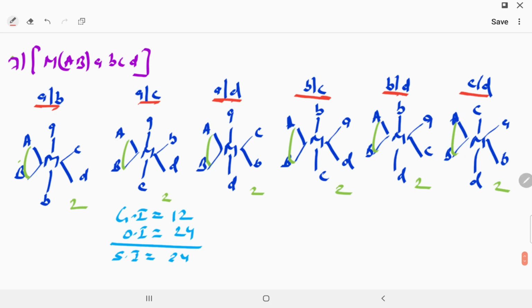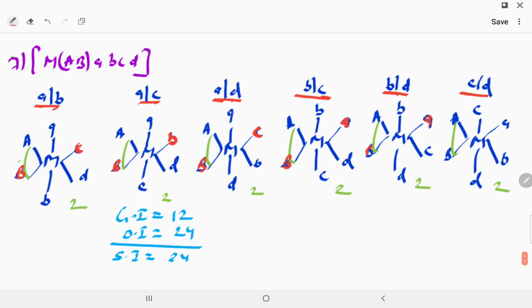Why sir? This is C opposite with B, so one time C is opposite with A also. One time B is opposite with B, one time B is opposite with A also. A is opposite with B, so one time A is also opposite with A also.